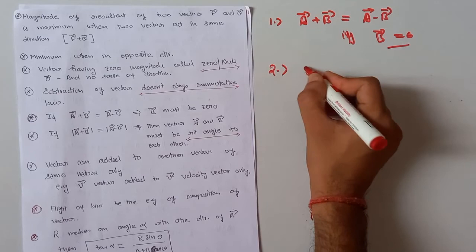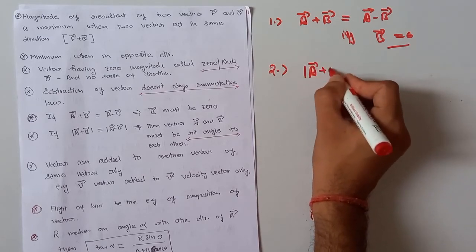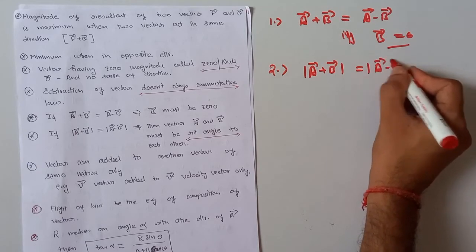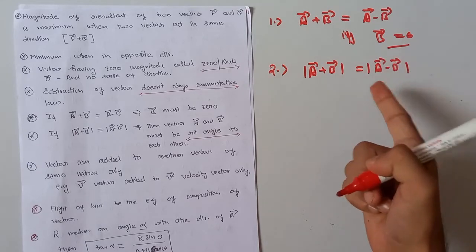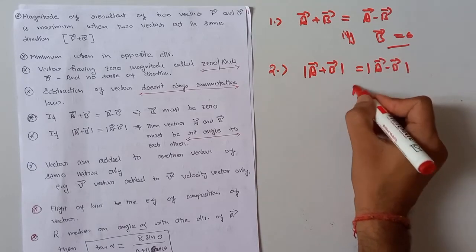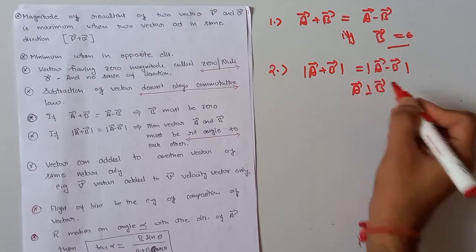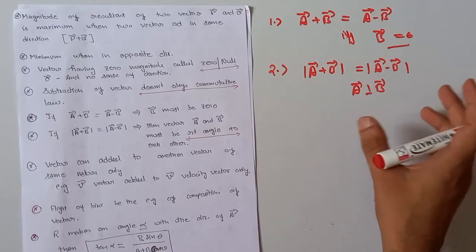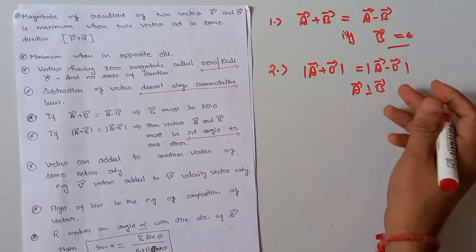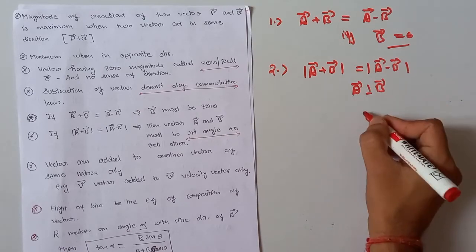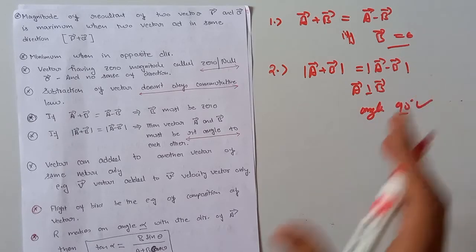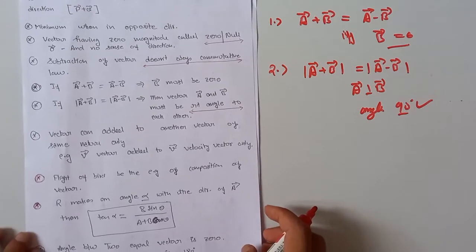Our second property: if the magnitude of A plus B is equal to the magnitude of A minus B, this happens only when vectors A and B are at right angles to each other, that is, the angle between them is 90 degrees. I hope this is clear to you.